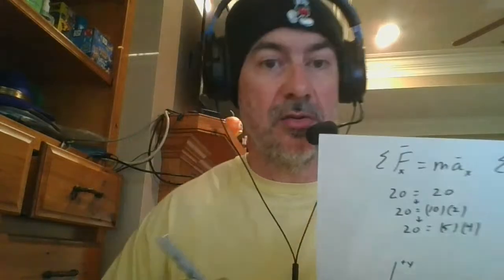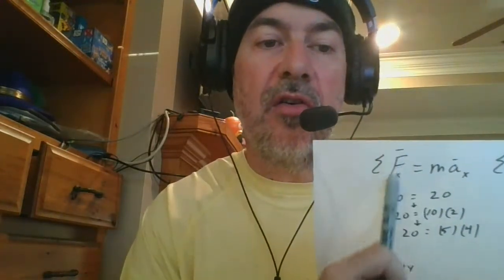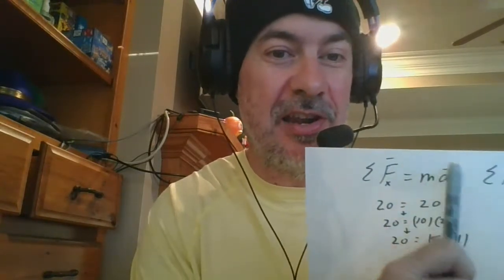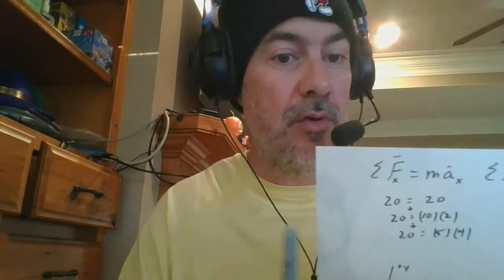So again, direction matters. The first thing I need you to notice is that with this equation or this relationship, whatever is on the left side, whatever number we get here, has to be the same direction as the number we get here. That's the first important thing.